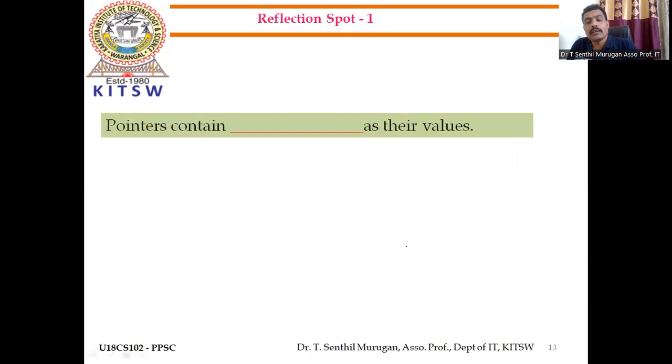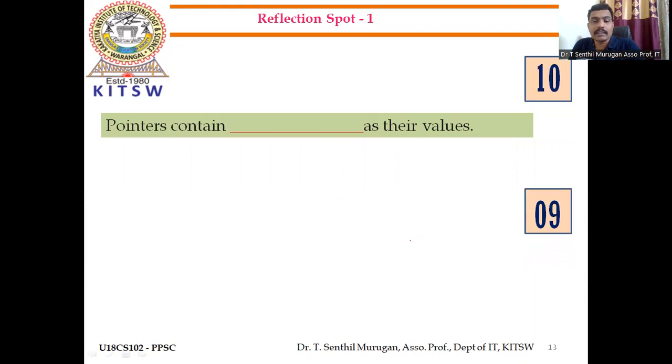Okay. So now we are discussing some topic. You just think about this statement. I will give 10 seconds. You just write the answer in your notebook. Pointers contain blank as their values. Fill in the blanks. 5 seconds over.